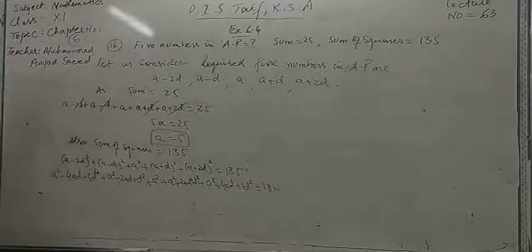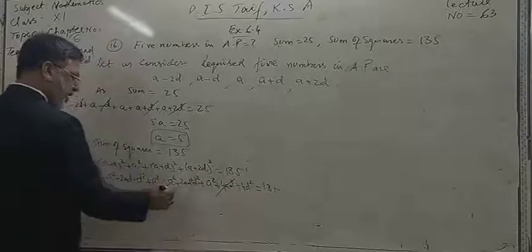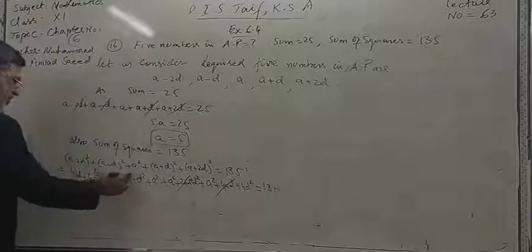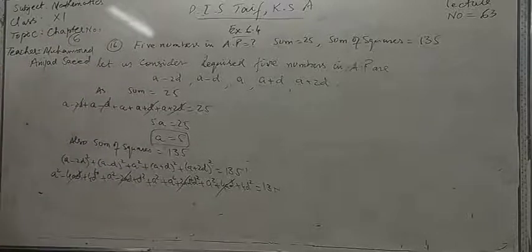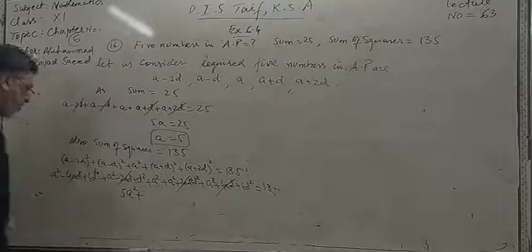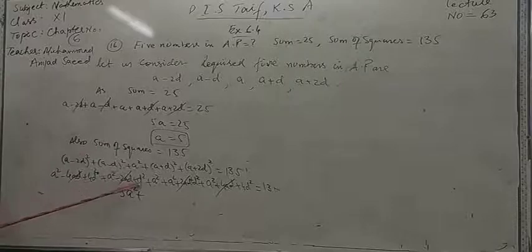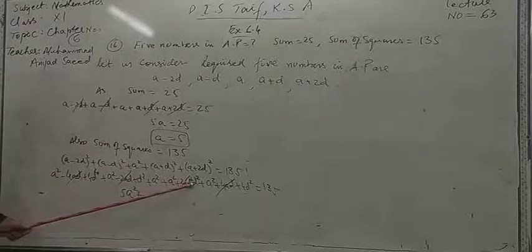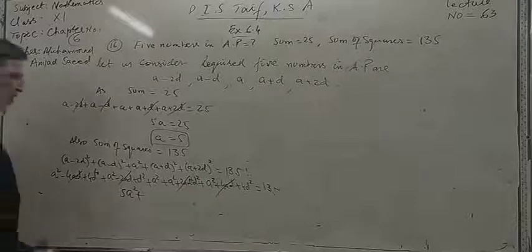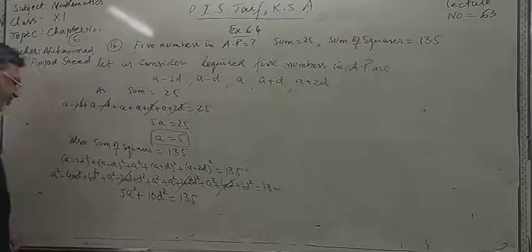Dear students, we have opened the square of all. So 4AD cancelled out, and plus 2AD minus 2AD cancelled out. Here we have 1, 2, 3, 4 and 5, so 5A square. Then plus 4D square, this is 5D square, then 6D square, then 10D square. Total is 10D square. So 5A square plus 10D square is equal to 135.